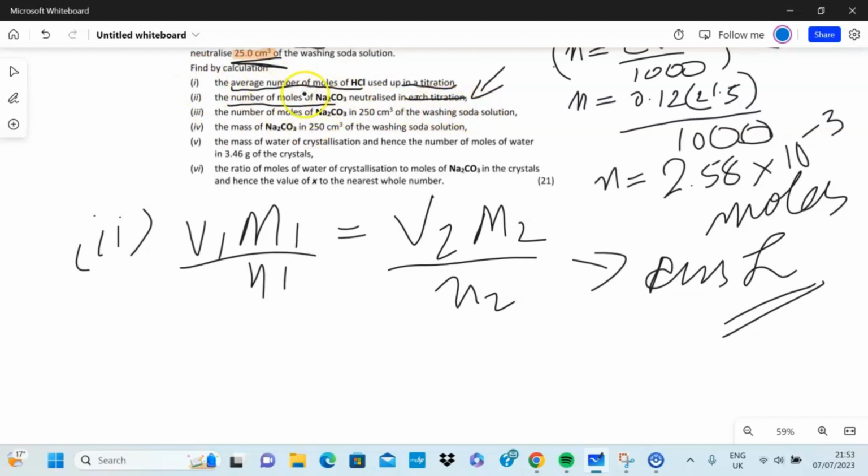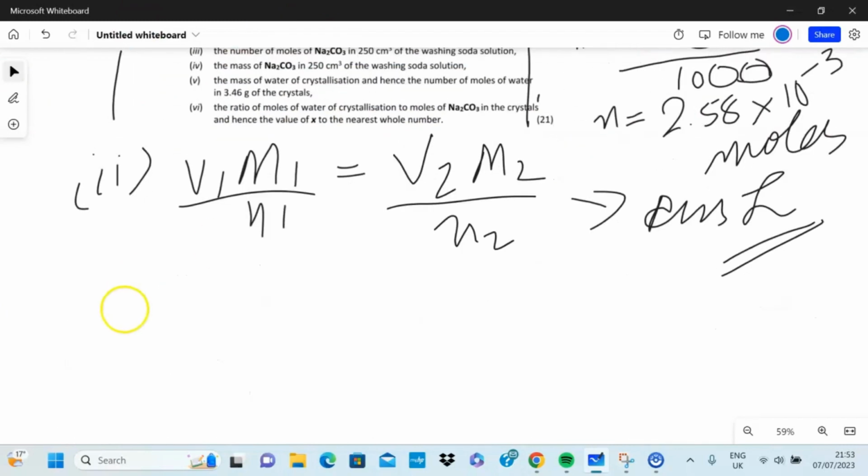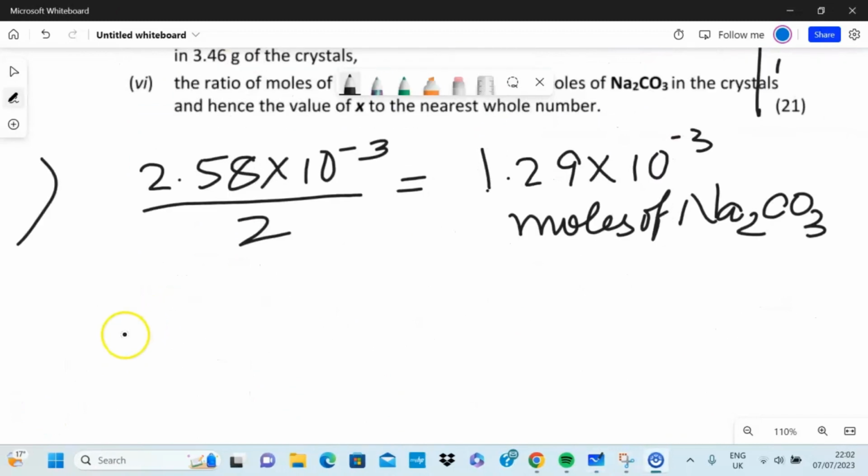We know the number of moles of HCl used in each titration, so it's only about dividing it by the ratio. If you go back up, see that? It's 2:1, so all you have to do is divide it by 2. Put that into your calculator, and that will give you 1.29 times 10 to the power minus 3 moles of Na2CO3 in 25 cubic centimeters.